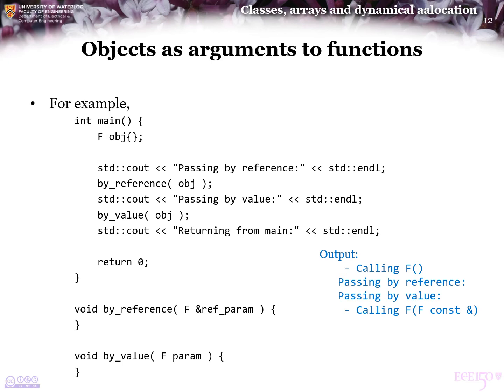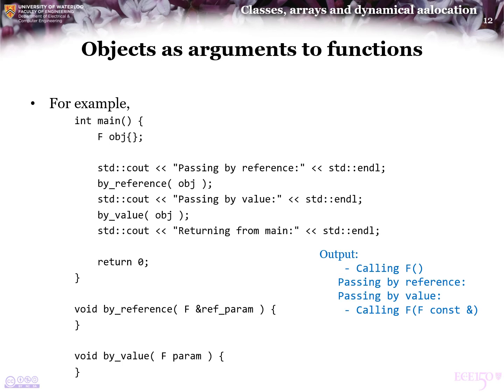So now inside the function by value, param is a copy of object, and any changes to param do not affect the original object which was referred to.